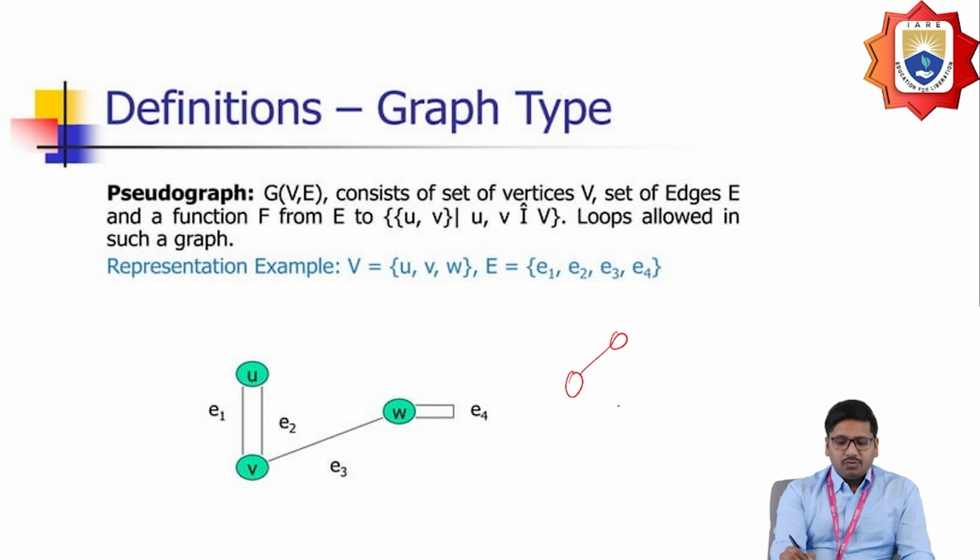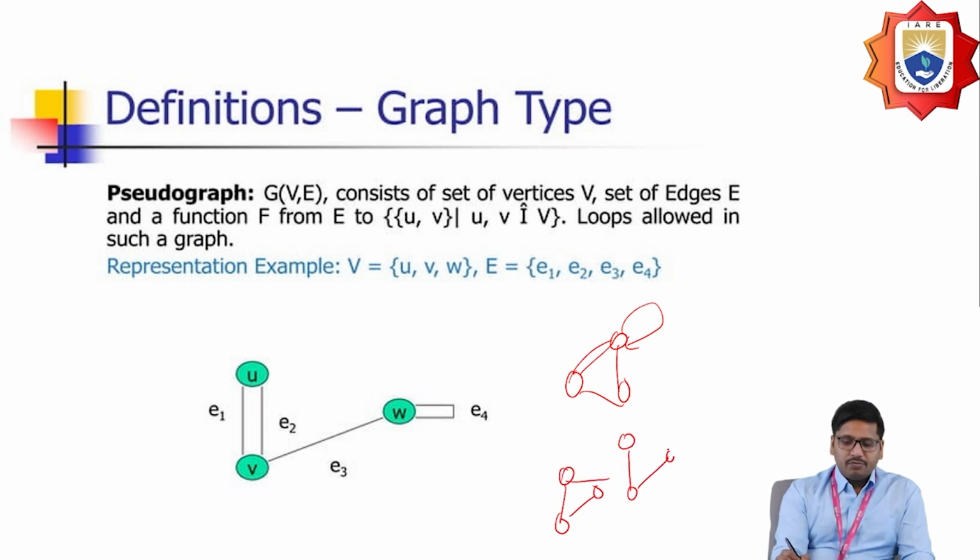In normal graphs, we do not allow any loops. Whenever a graph holds multiple edges and self loops, we call it a pseudograph. So a multigraph holds multiple edges, and if the graph holds both multiple edges and self loops, it is called a pseudograph.